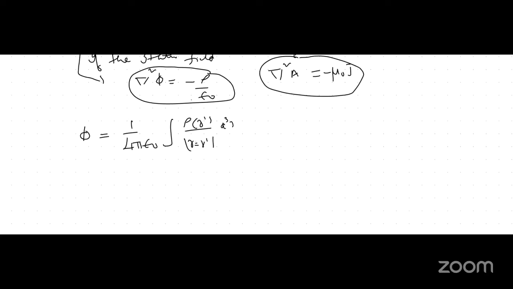This is one equation. And for A, we can write A of r equals mu naught by 4 pi times the integration over a volume of J of r dash by R, where R equals r minus r dash, times d cube r dash. So these two, phi and A, are the solutions which we have.